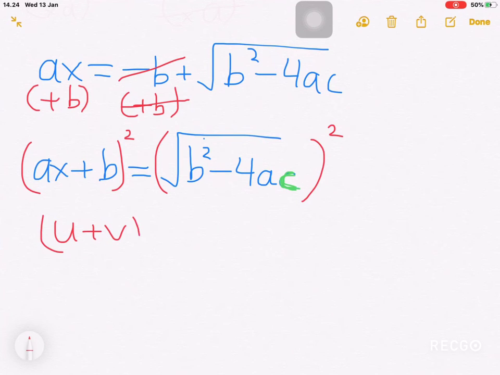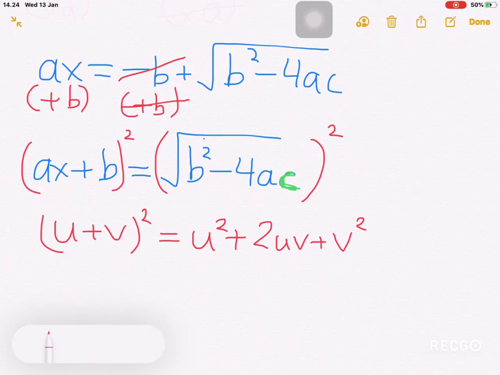So given you have something like this, you can expand this as so nicely. There we go. So we have u squared plus 2uv plus v squared. And in this case, our u is the ax and our v is the b.